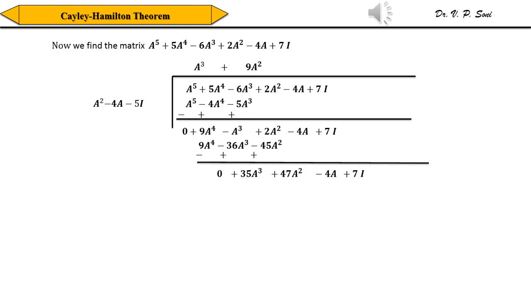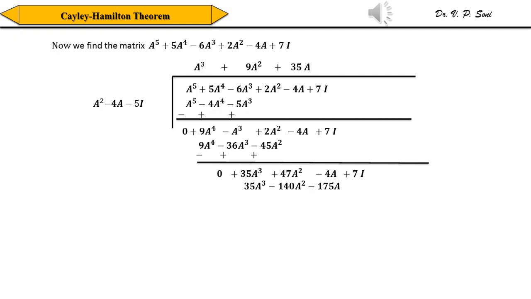Now the remainder polynomial has degree 3 and the divisor polynomial has degree 2. So multiply by 35A, then we get 35A cube minus 140A square minus 175A.